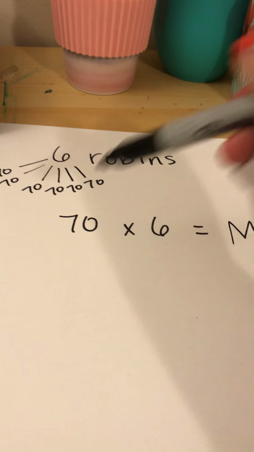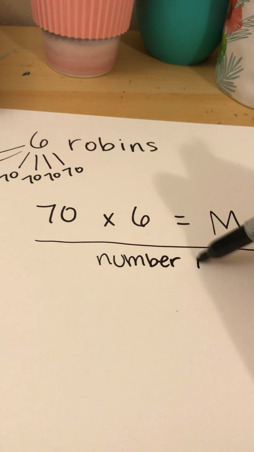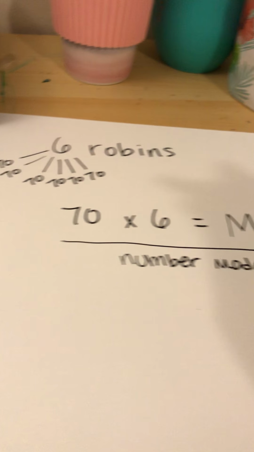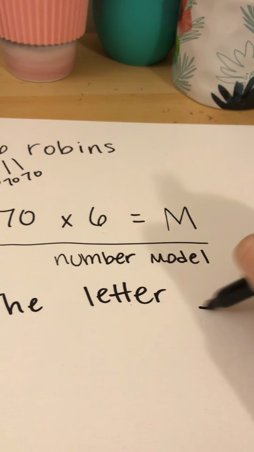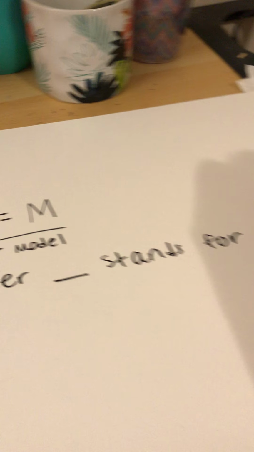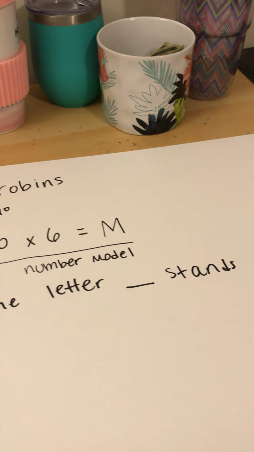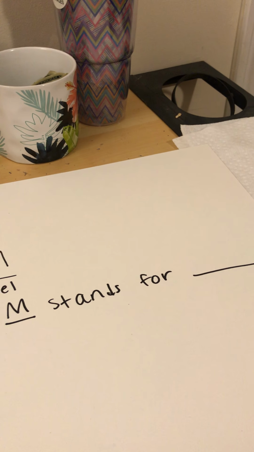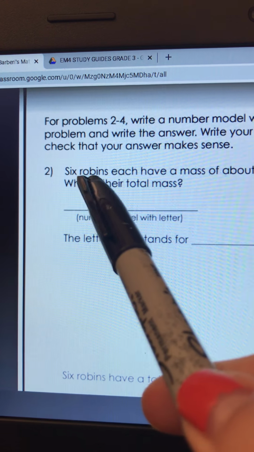So then underneath it, so this is the number model. And underneath it, it says the letter blank stands for blank. So again, whichever letter we picked, which is M, stands for, and then I'm going to look at the question. What are they asking? Total mass of 6 robins.